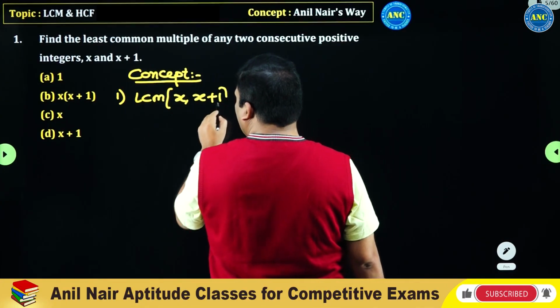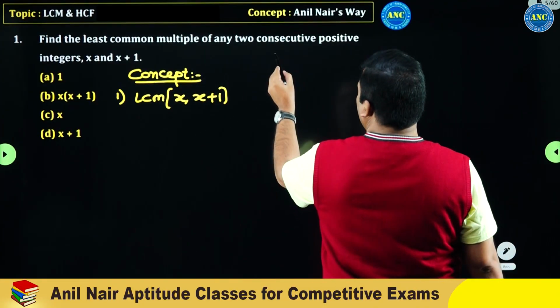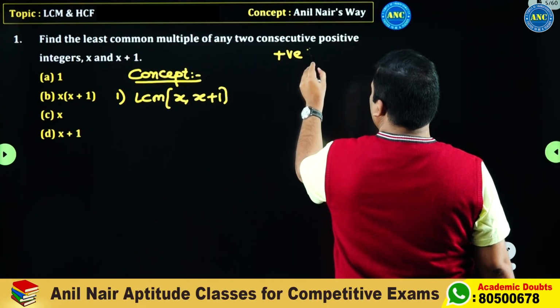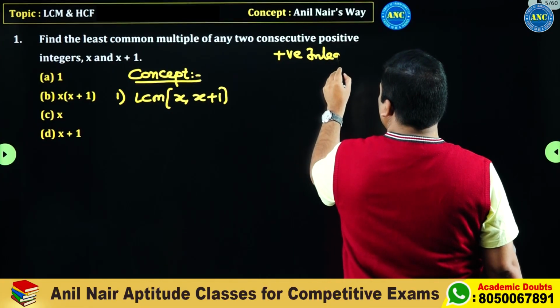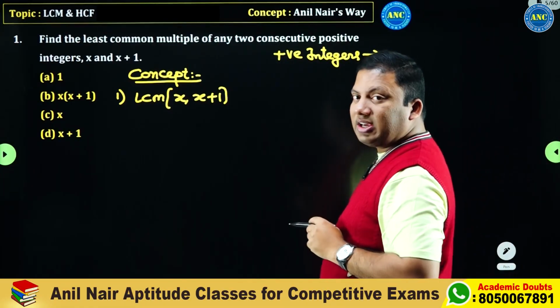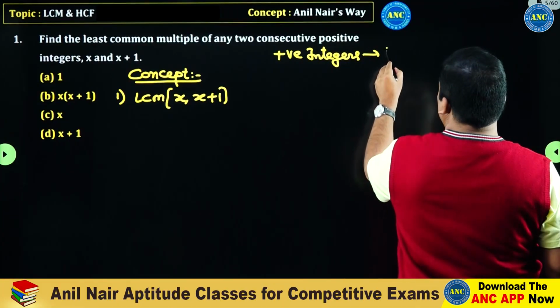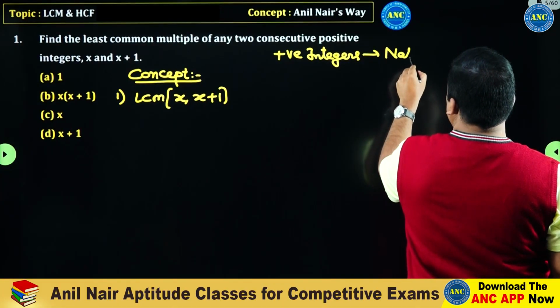The first thing is, whenever I say positive integer: integers can be negative, can be 0, and can be positive. When I say a positive integer, I am referring to natural numbers.